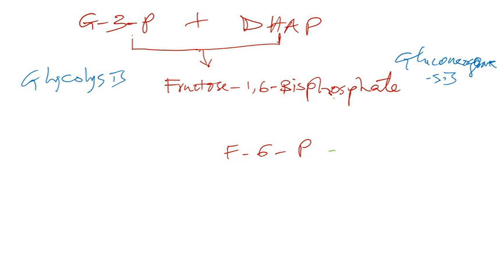So we are actually dephosphorylating the molecule. Here we add water, and we get an inorganic phosphate. On this side in glycolysis, we are adding a phosphate, and we are getting out ADP.